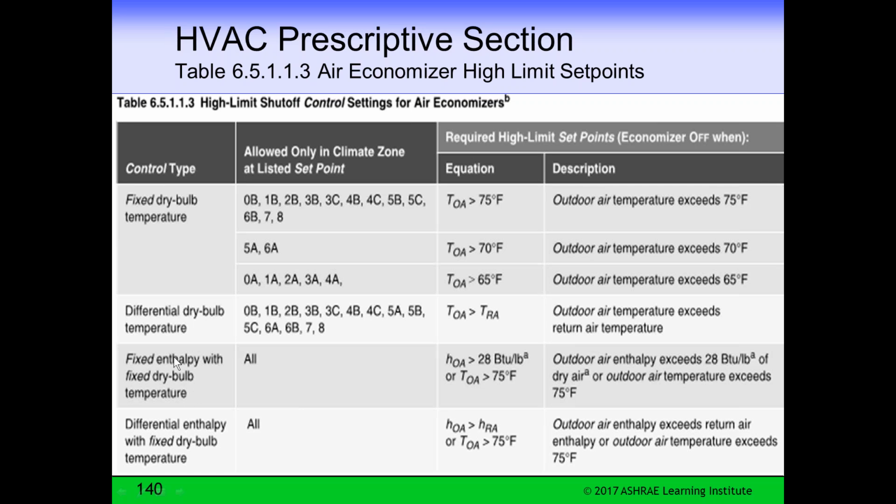Many people want to look at enthalpy, which would be the right thing to look at if you could trust the control, because it combines both humidity and temperature to give you total energy. If we could trust those controllers, they would be great. But that article pointed out that they're the least reliable, especially the small packaged ones and things like that.